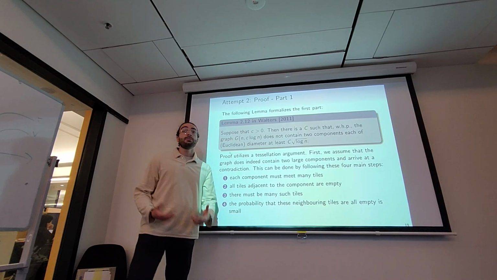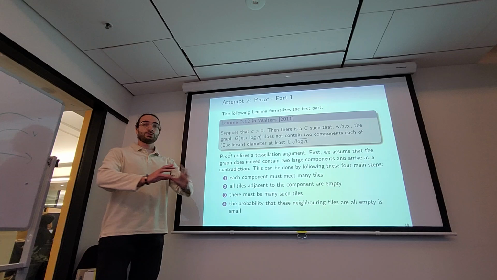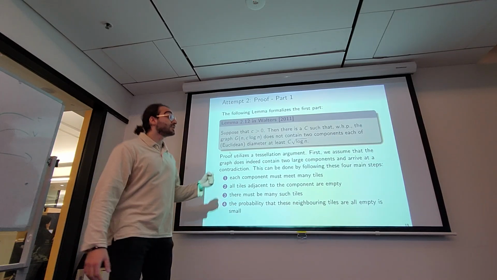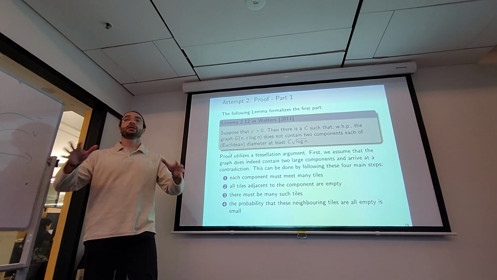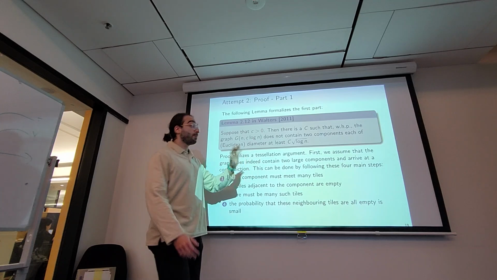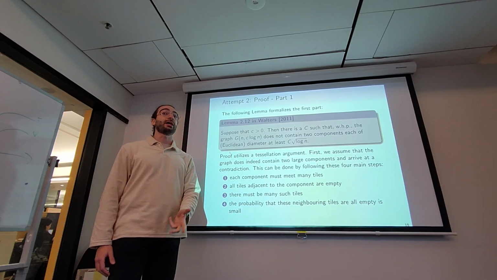The math's up here if that's your thing, but I'm going to explain the intuition about how he went about proving this. He used the tessellation argument. We've got our metric space, we tessellate it with squares, and we're proving this by contradiction. That's important. We're assuming that two large components do actually exist.